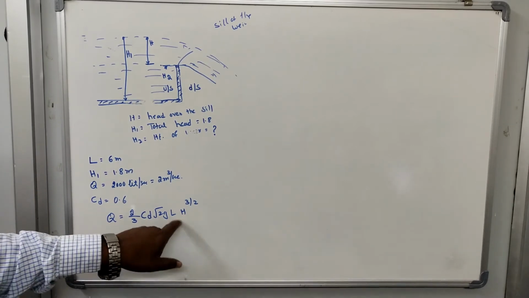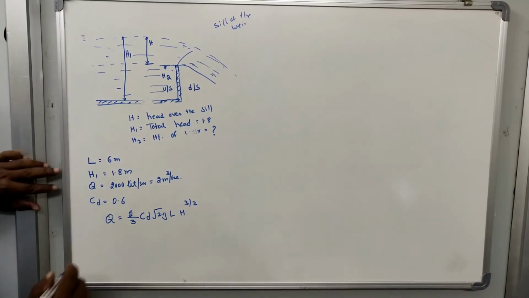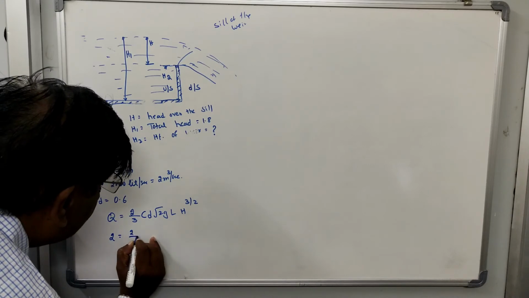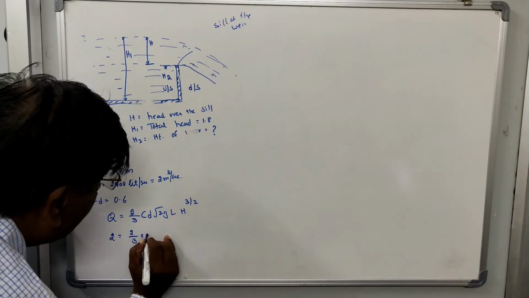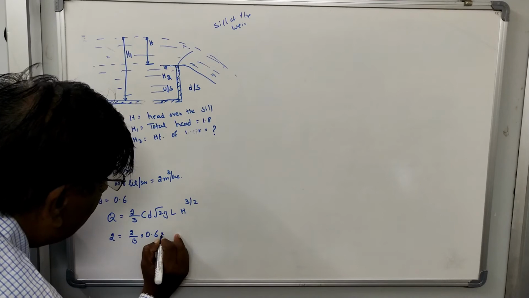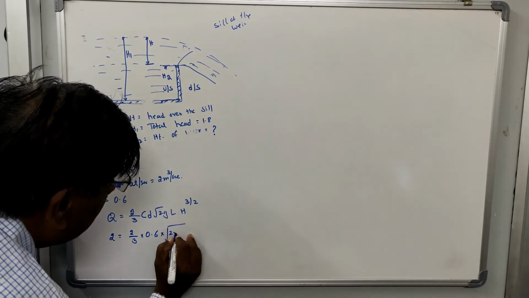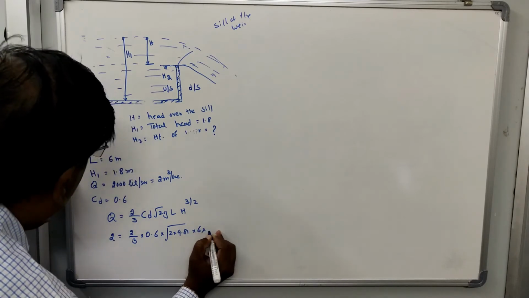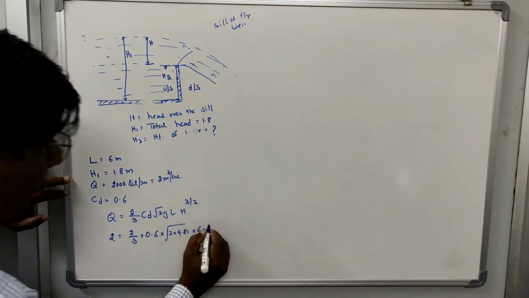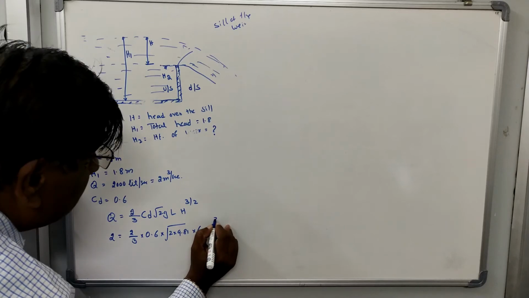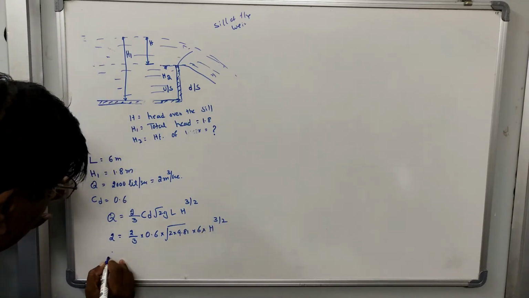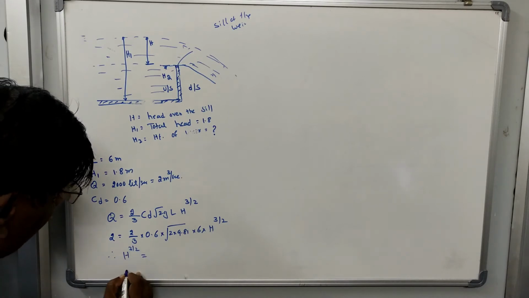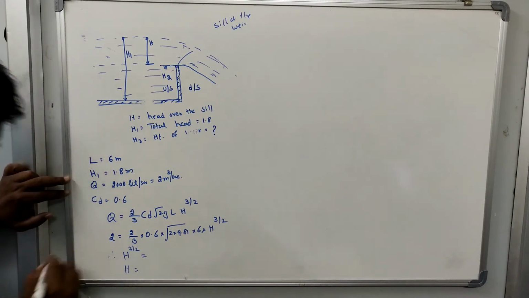So substitute the values: Q is equal to 2 meter cube per second, 2/3 into CD 0.6 multiplied by root of 2 into 9.81 into 6 into H raised to 3/2. Find H raised to 3/2, then find H.